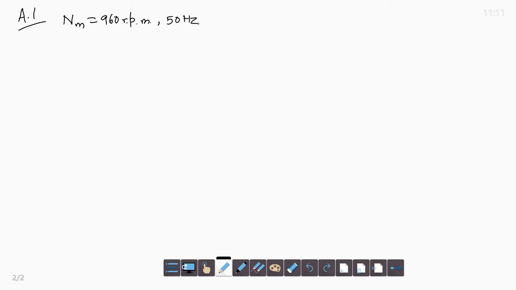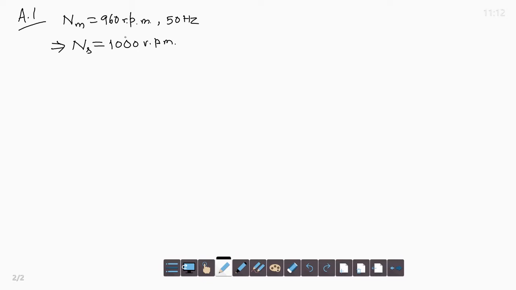So, corresponding synchronous speed Ns is 1000 rpm, because in 50 hertz supply a 6 pole configuration gives synchronous speed 1000 rpm and motor speed is 960 rpm. So, it is a 6 pole machine and synchronous speed is 1000 rpm.